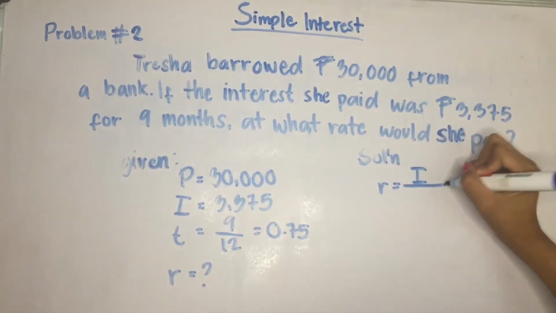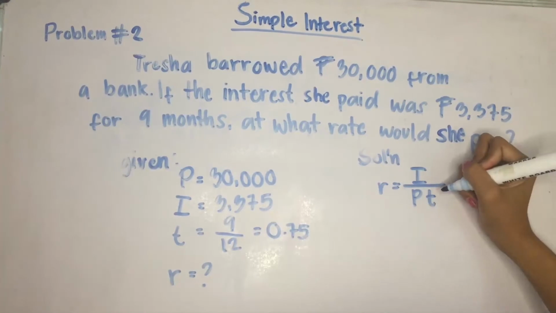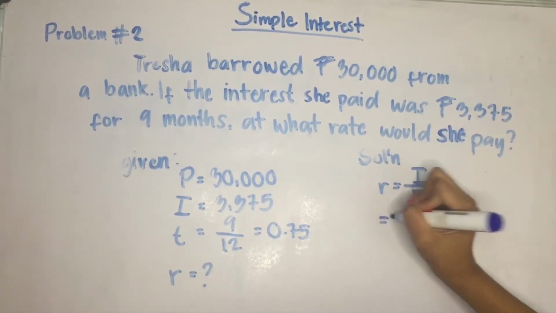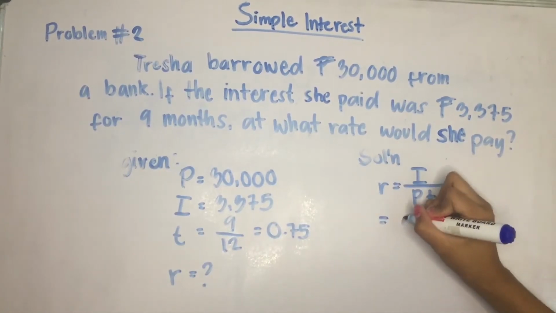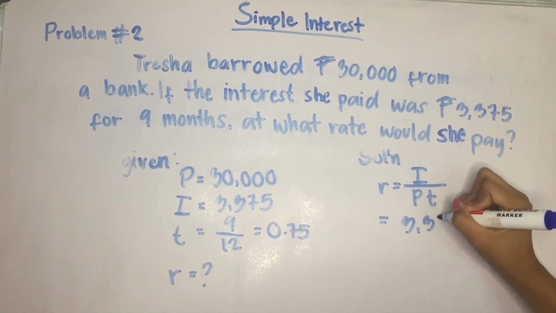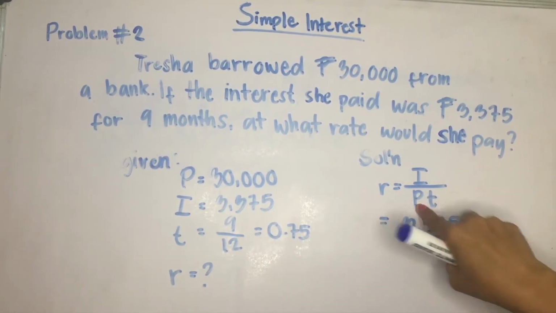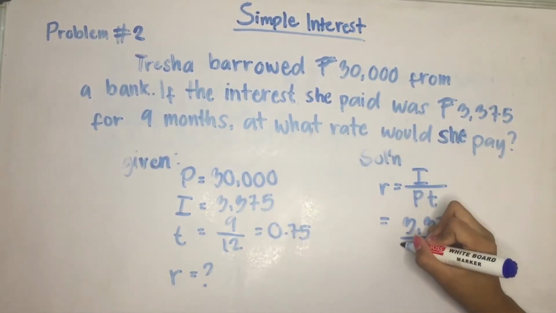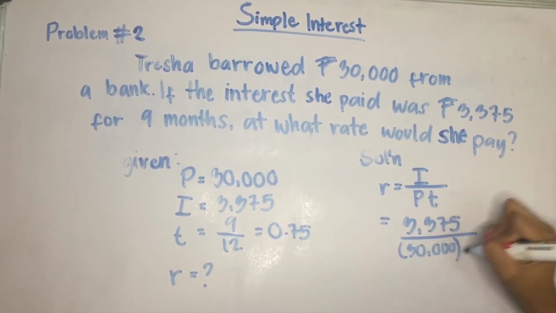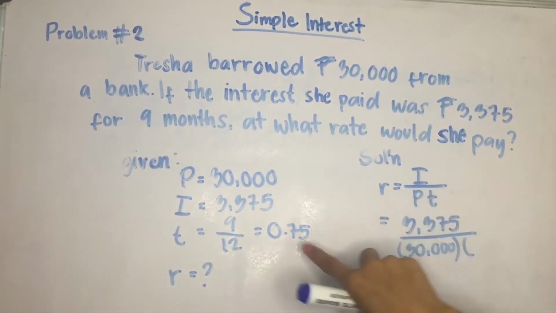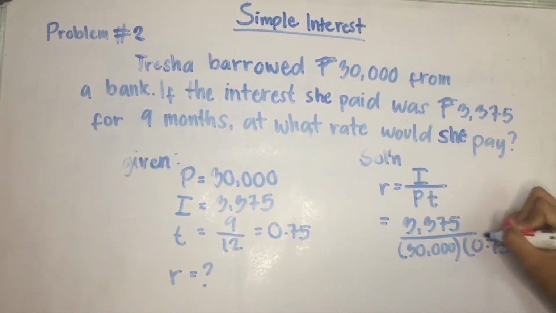Rate is equal to interest over principal times time. So, interest is 3,375 over the principal 30,000 and time 0.75.